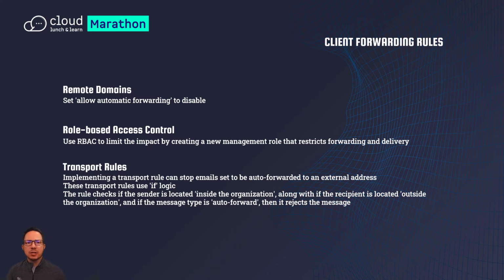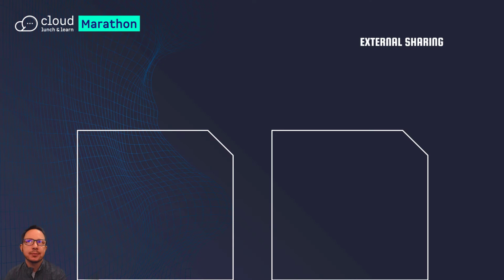It basically uses old school if logic. So it will say, if the sender is located in the organization and the recipient is outside and the message type is auto-forward, then we just reject them. So we have 3 different approaches that we can utilize. So that's one kind of attack vector that we can get rid of.